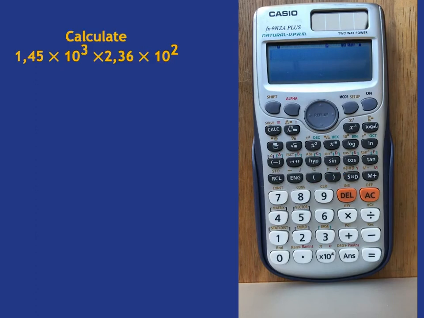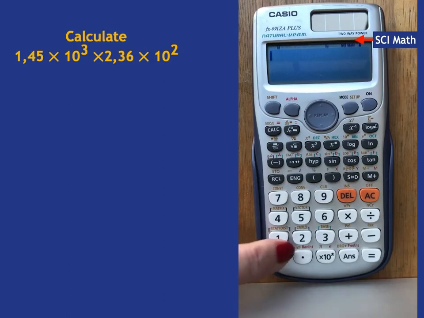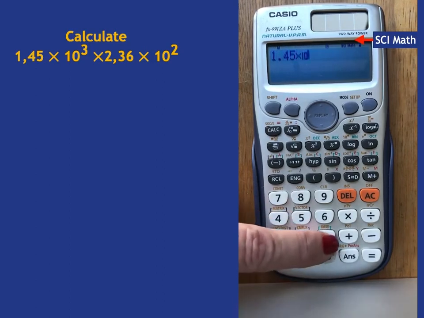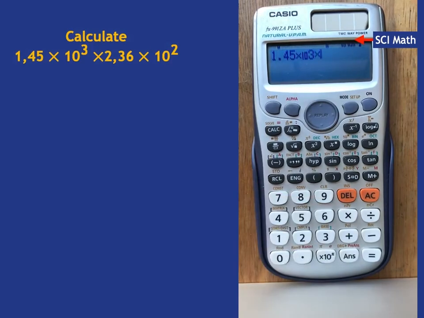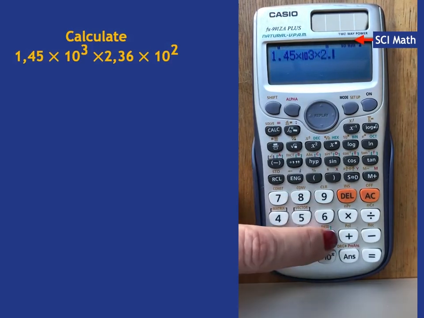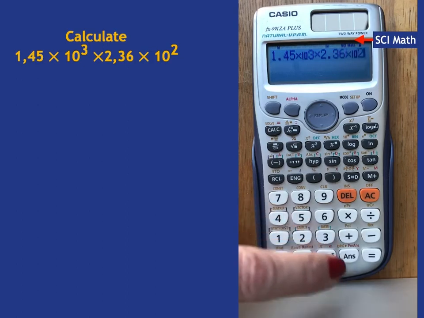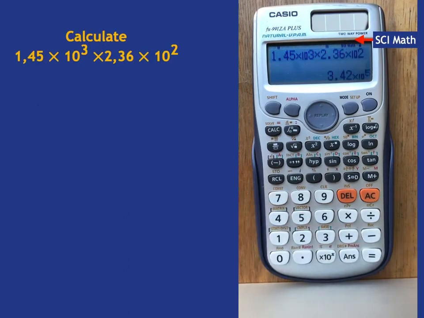All right, if I want to do a calculation like this on my calculator, again, first step is to make sure I am in that scientific notation mode. And then I simply pop it in, 1.45, use the 10 to the X button, and 3, and then 2.36, use the 10 to the X button, and 2, and then hit equals, and it gives me the answer.